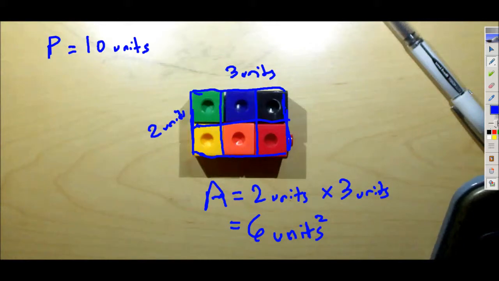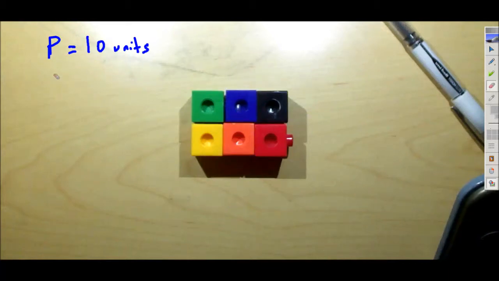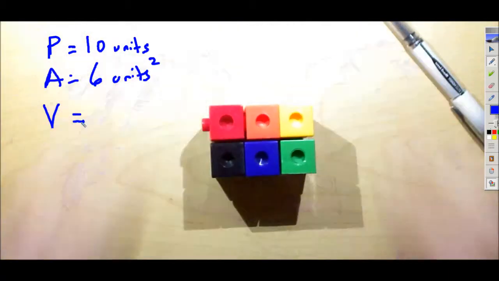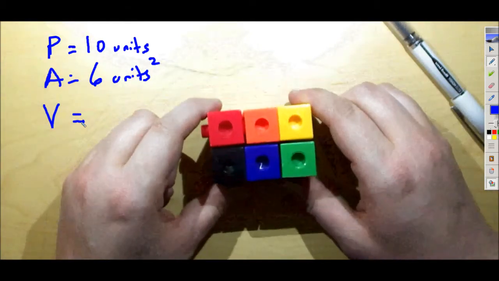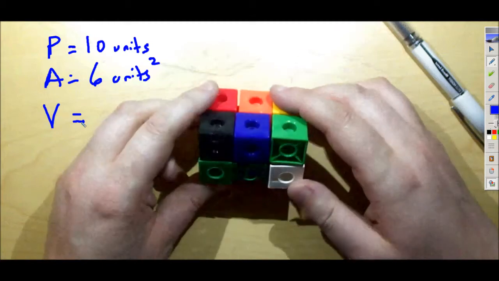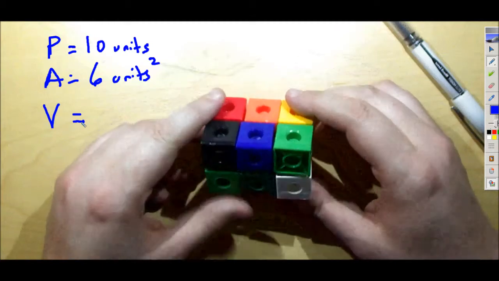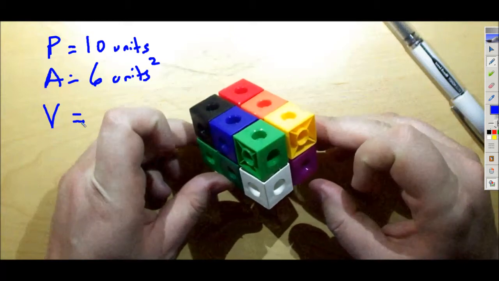We have squares here. Now let's talk about volume, which is what we did today. Let me show you what this would look like if it had 2 layers. So I turn it to the side, and this has 2 layers. This is actually a rectangular prism.